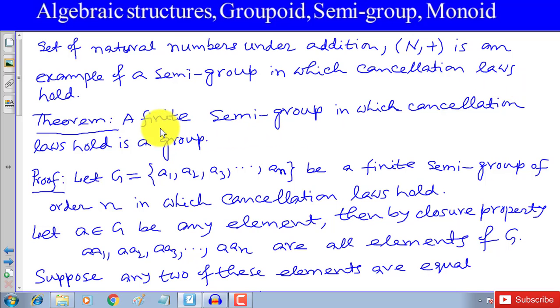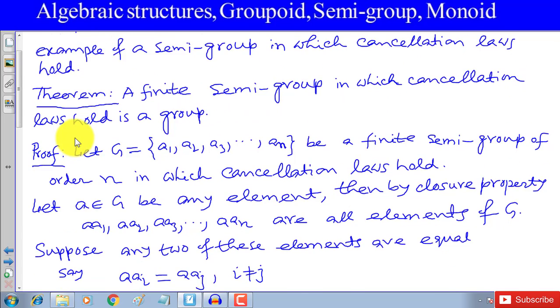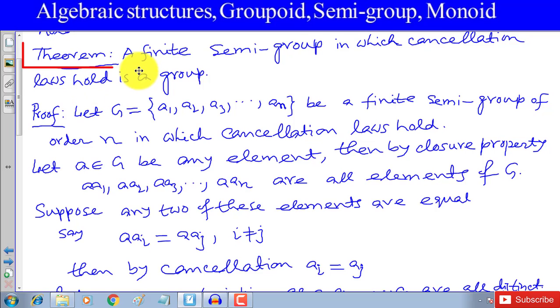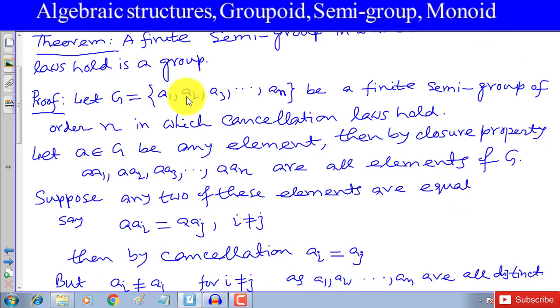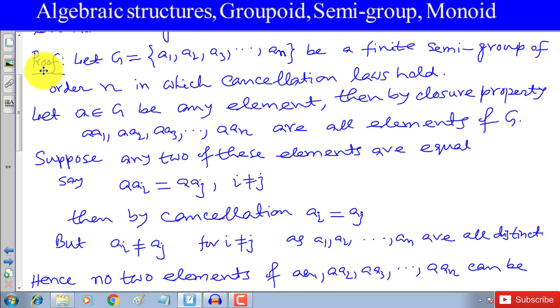Next theorem. A finite semigroup in which cancellation laws hold is a group. Proof. Let G equal to {A1, A2, A3, up to An} be a finite semigroup of order n in which cancellation laws hold.